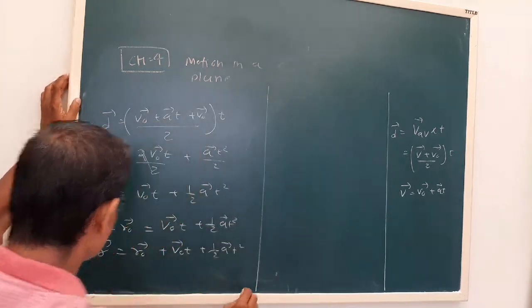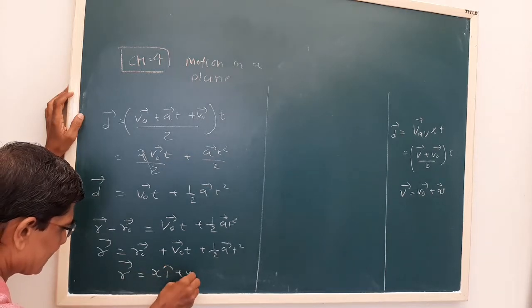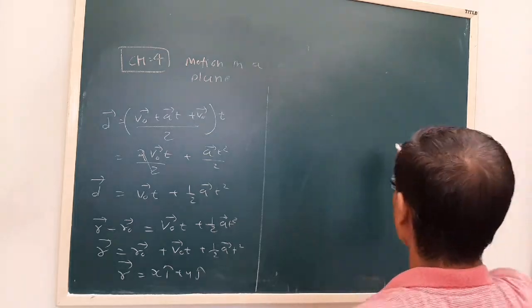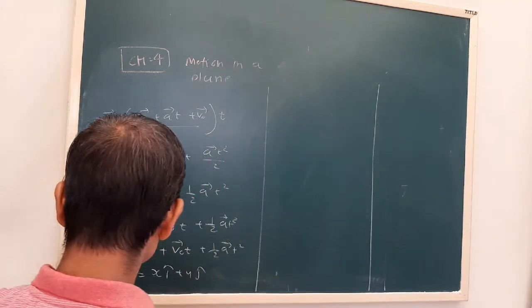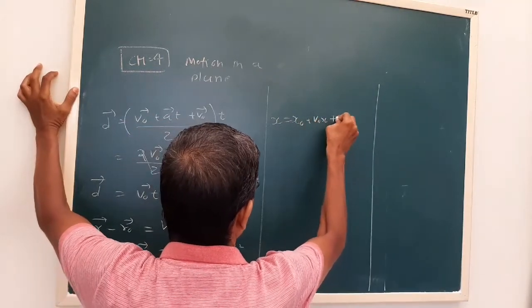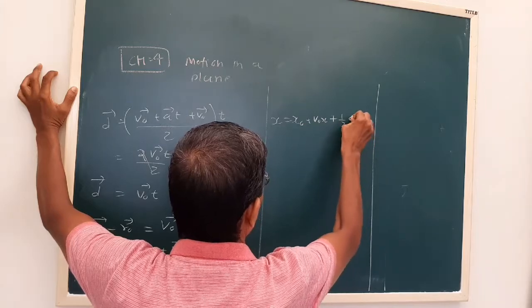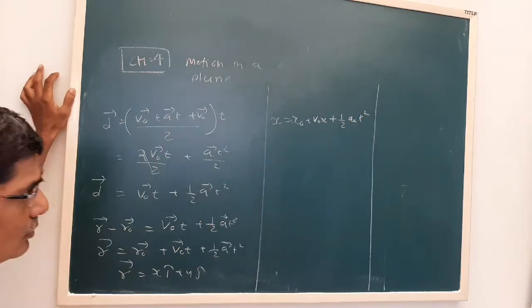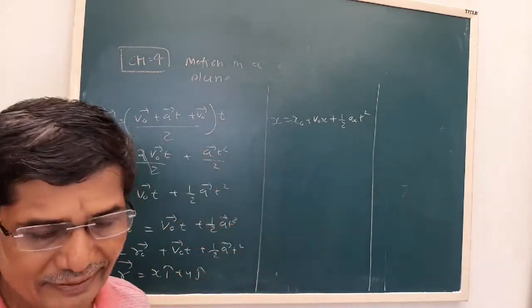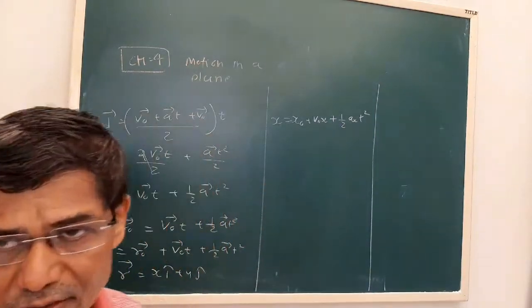Now r has two components. We write r like this, x and y. So we write the x component of the displacement. There x is equal to x0 plus v0x t plus 1 by 2 ax t square. Here x0 is the x component of the initial position, v0x is the x component of the initial velocity, and ax is the x component of acceleration.